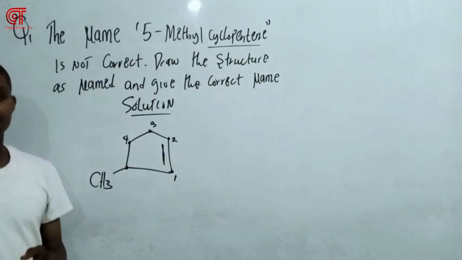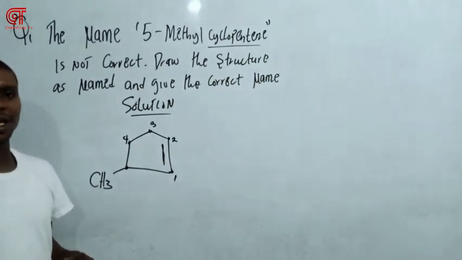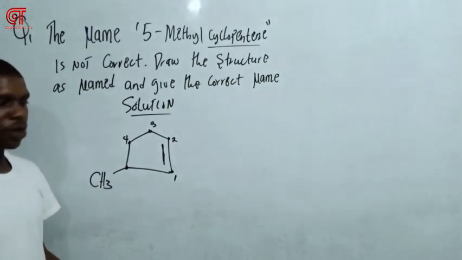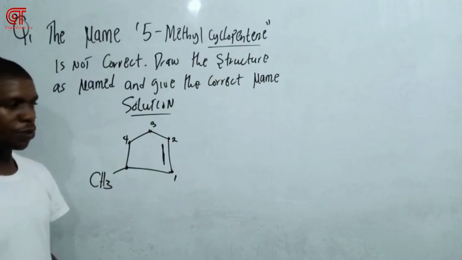If you are good at the nomenclature of cycloalkenes, you understand this. If you have not watched that video, I've done videos on nomenclature of cycloalkenes, and the link will also be in the description below.